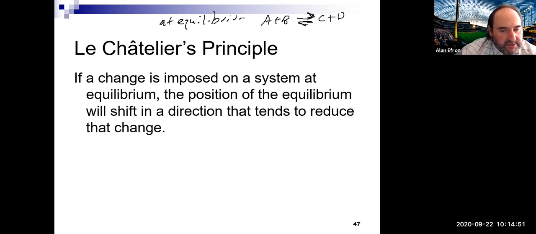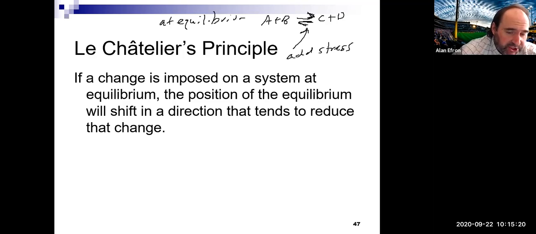So you add a stress, as it's sometimes referred to. You add a stress to the system that's at equilibrium, and it's basically going to mess up the equilibrium. And what's going to happen is once you mess up the equilibrium, it's going to want to try to get itself back to that equilibrium condition. And it will need to do that by one of three options.